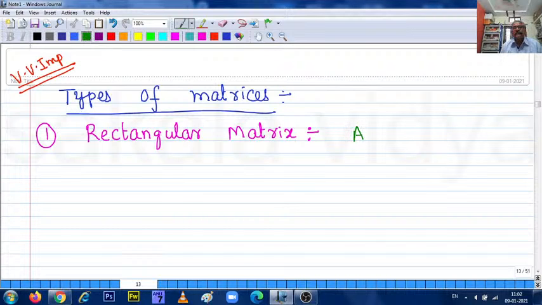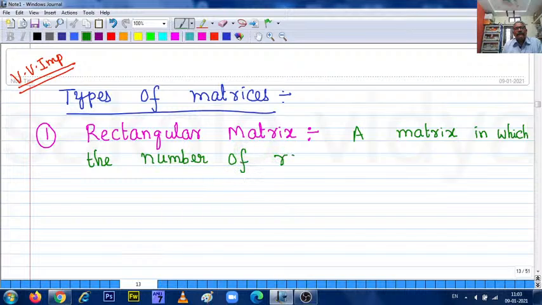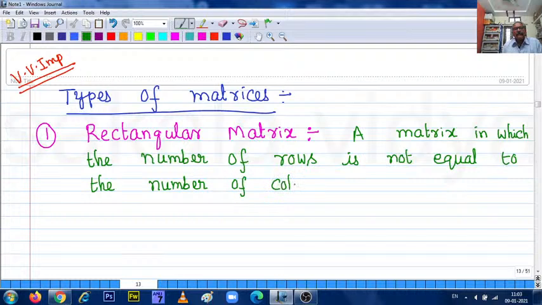So a matrix in which the number of rows is not equal to the number of columns is called a rectangular matrix.